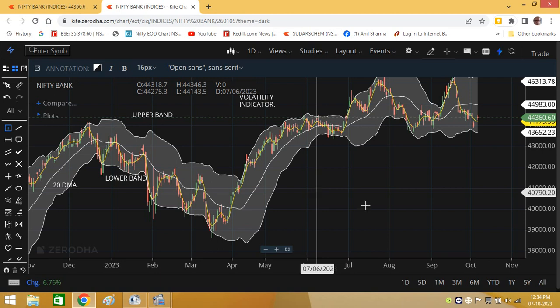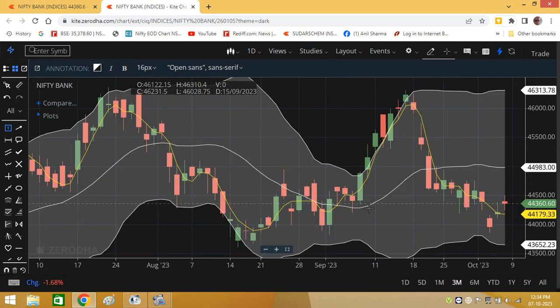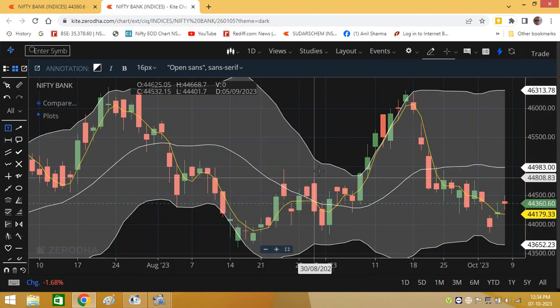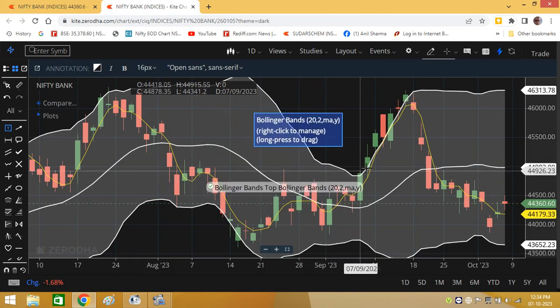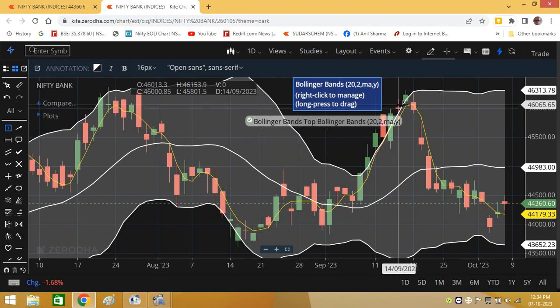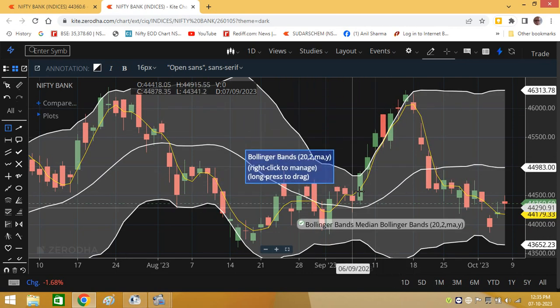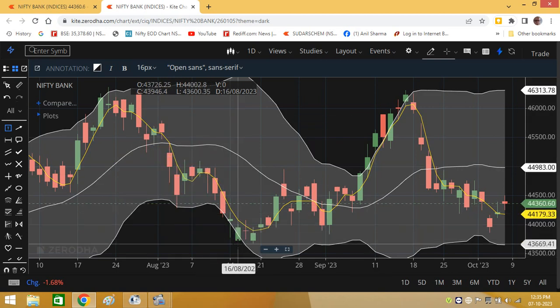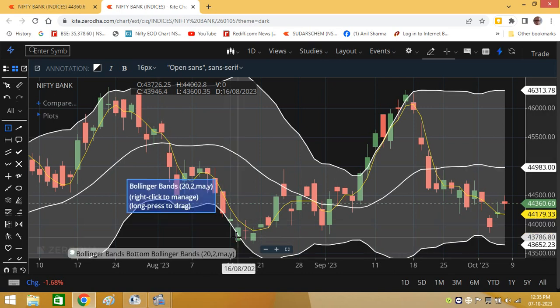Now if you see this, I will just reduce this to a smaller size. Let me check if I can do it quickly. Yes. Now friends, you see this area, as I said, is a breakout area. This squeezed area is a breakout area. This shows that the price either will go up, the volatility is beginning, or the volatility is coming down.